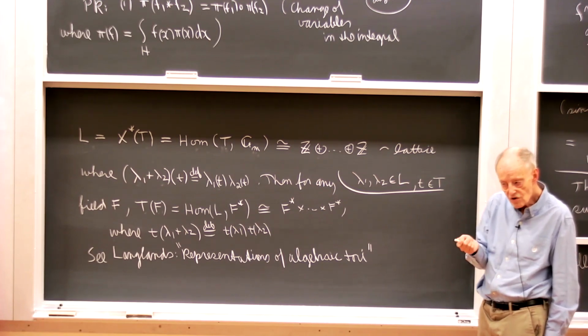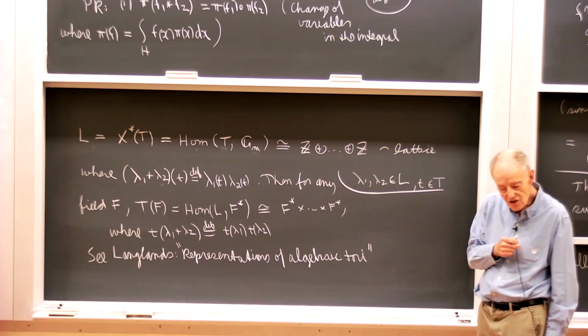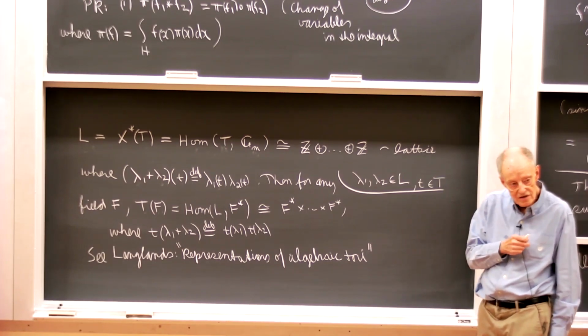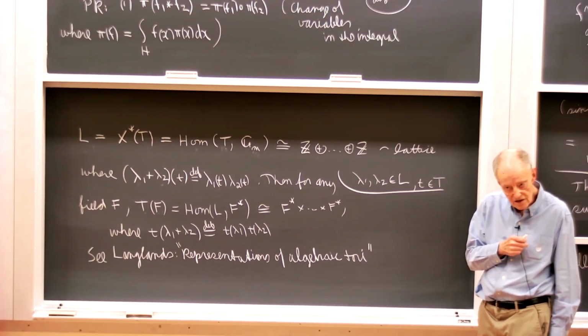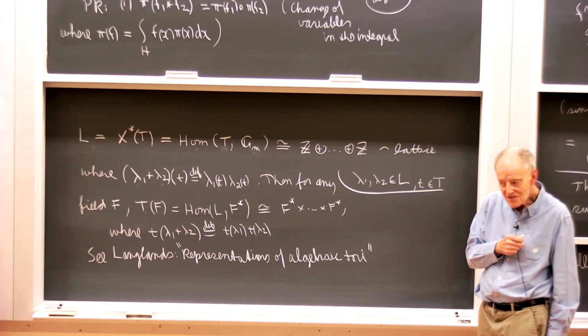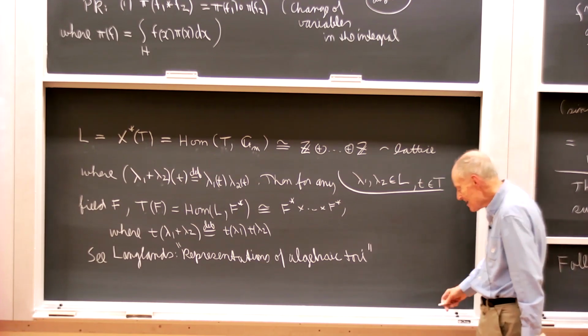He goes through the classification of global representations, that is to say representations of T(A) that occur in L2 of T(A) over T(F). And in particular, he verifies functoriality. So it's a challenging paper, but a very simple paper if you're up on all of these techniques.